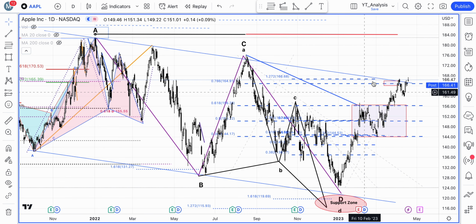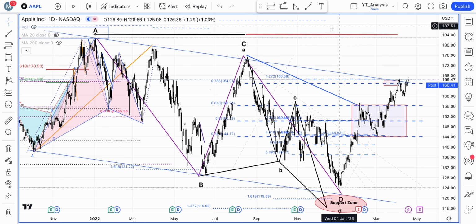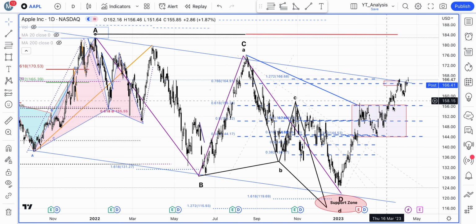But looking at the price pattern and also the timing coming in, we have to pay really close attention to what is likely to happen with the Apple stock. If there is going to be a pullback in Apple, because of its weightage in the indices, particularly the Dow Jones, which is a price weighted index, there could be an impact on major indices as well.